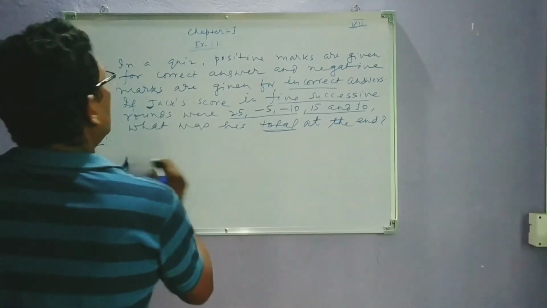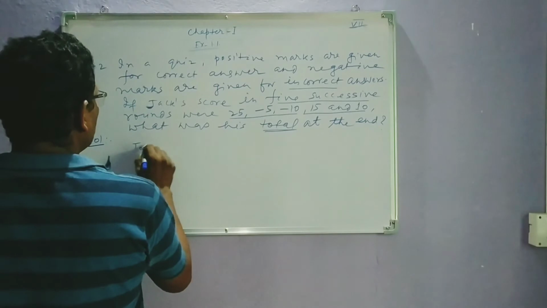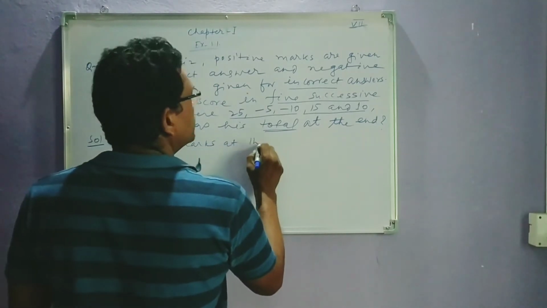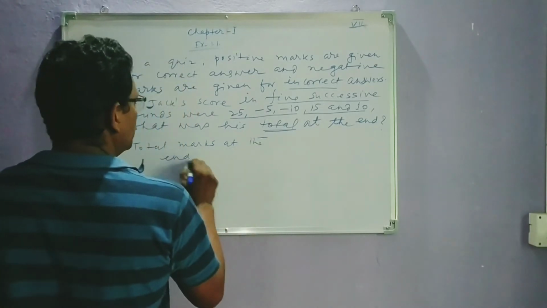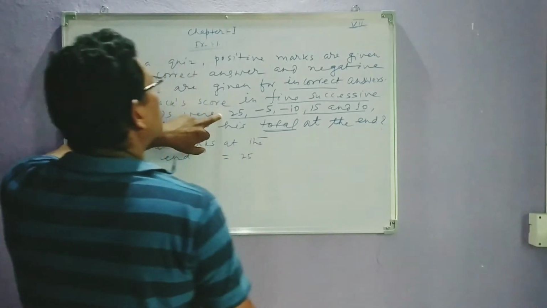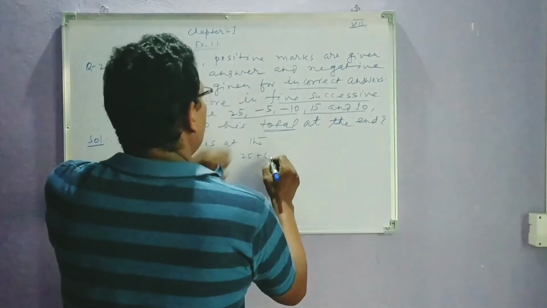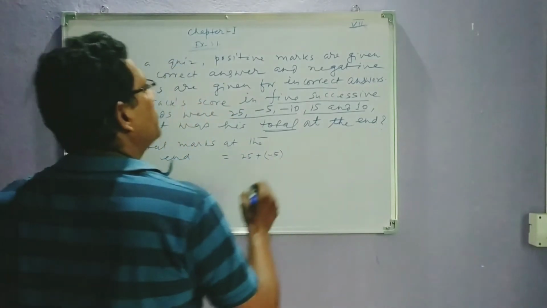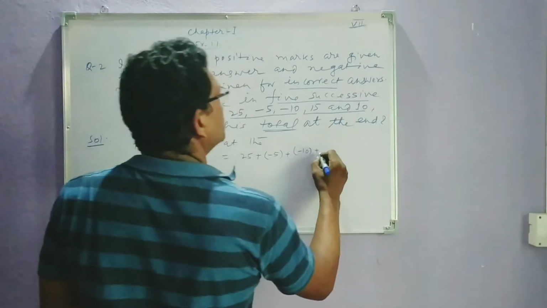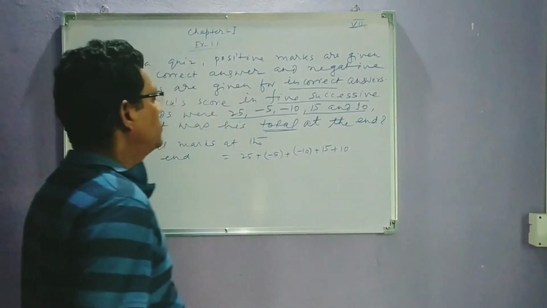So this is very simple. We have to simply add these numbers. So total marks at the end equal to, in the first round he got 25, plus negative numbers you put within the bracket, minus 5, plus minus 10, plus 15, plus 10.